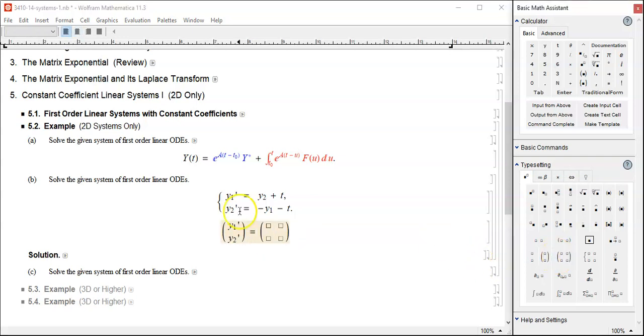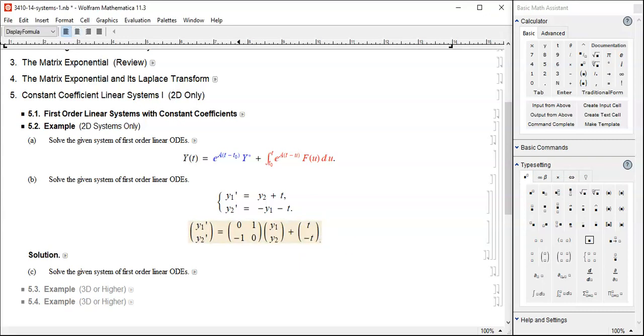And then the matrix is, I need just y2, so 0, 1, and -1, 0, and y1, y2, plus t, minus t.